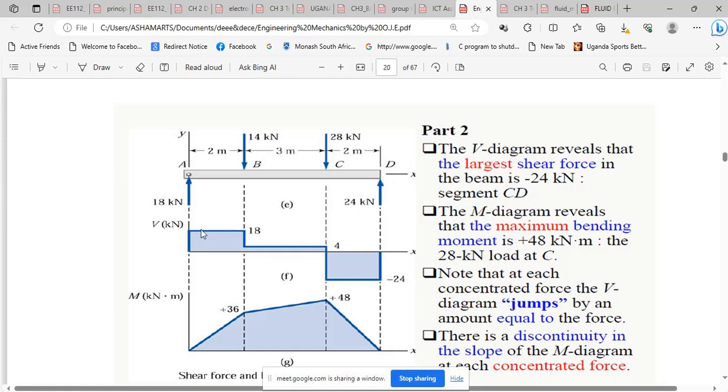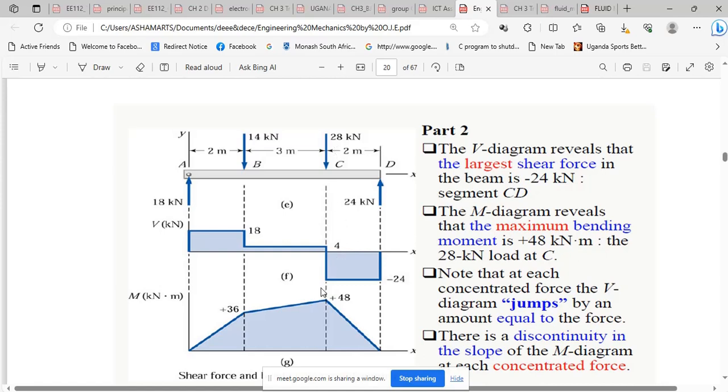When you relate with what we just drew, the shear force starts from 0 to 18, is still 18, then it reduces by 14 to go to 4, then it becomes constant between C and D. Then at C, there is a force of 20 pointing vertically downwards. Maybe you just get 28 minus 4.